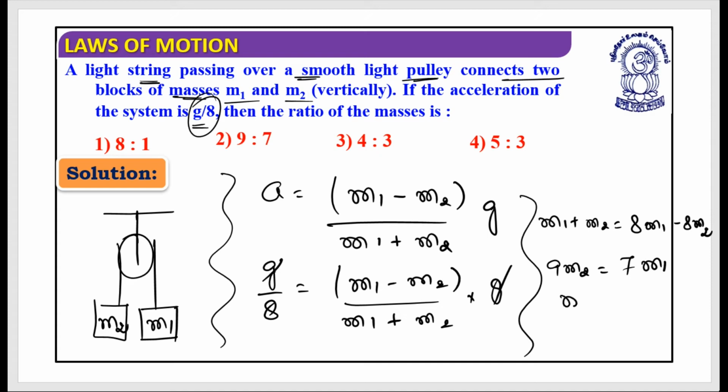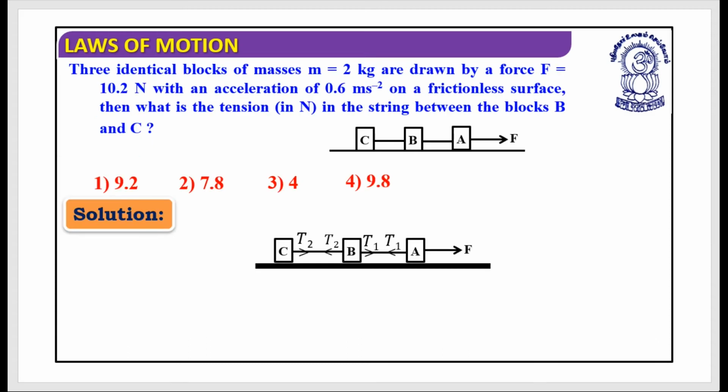So m1 is to m2 equals 7 is to 9, or m2 is to m1 is 9 is to 7. So this would be the answer. Very easy. Have you got this? Great. Ready for the next question?